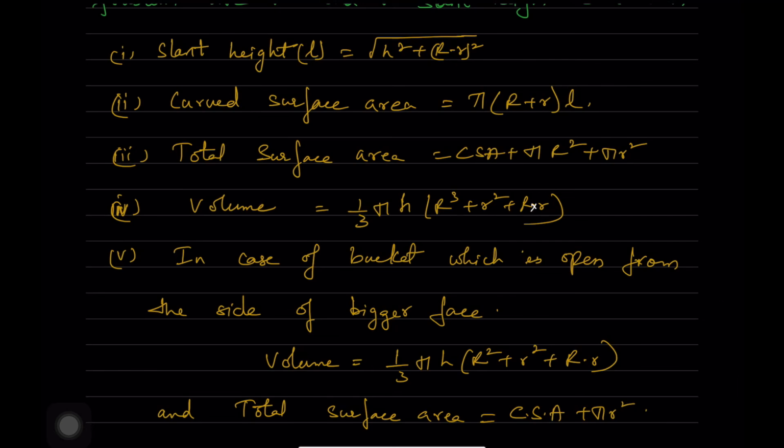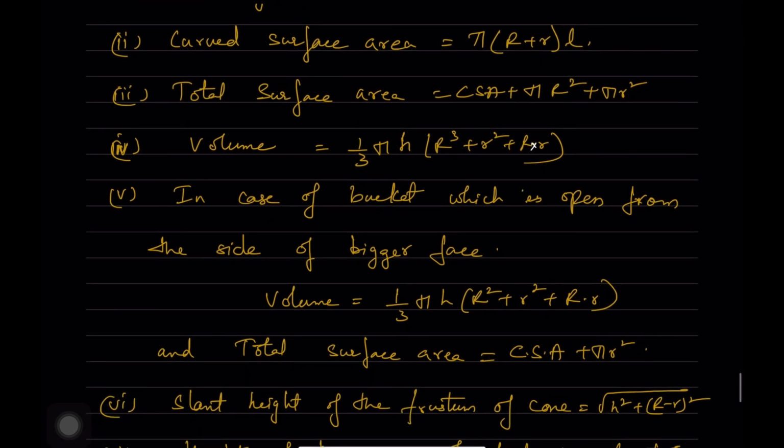Now in case of a bucket which is open from the side of the bigger face, volume is equal to 1 by 3 pi h into R square plus small r square plus capital R into small r.